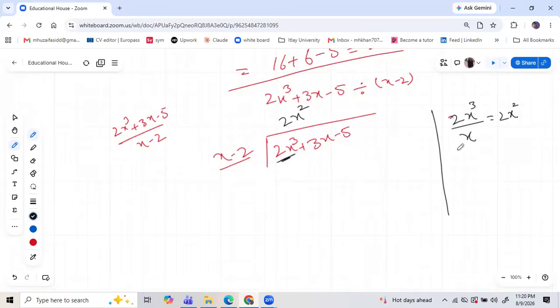Now we are multiplying it with x. Okay, so this gives us 2x cube. From here, this is your plus 3x here. This is minus 5x. Can I write it right?